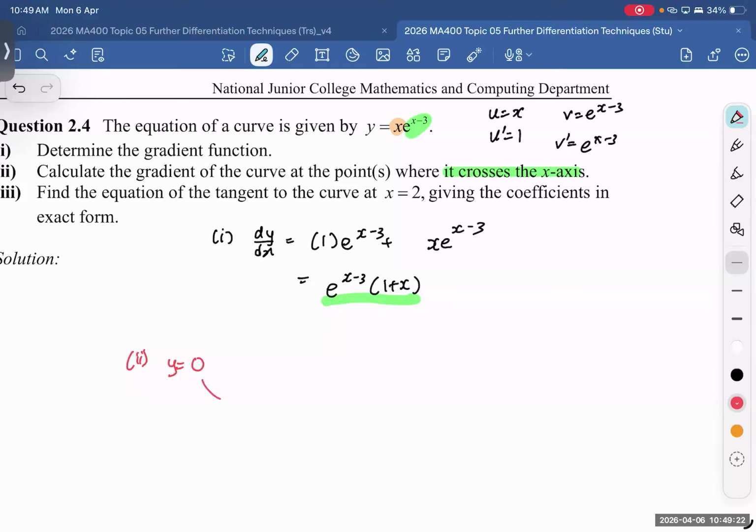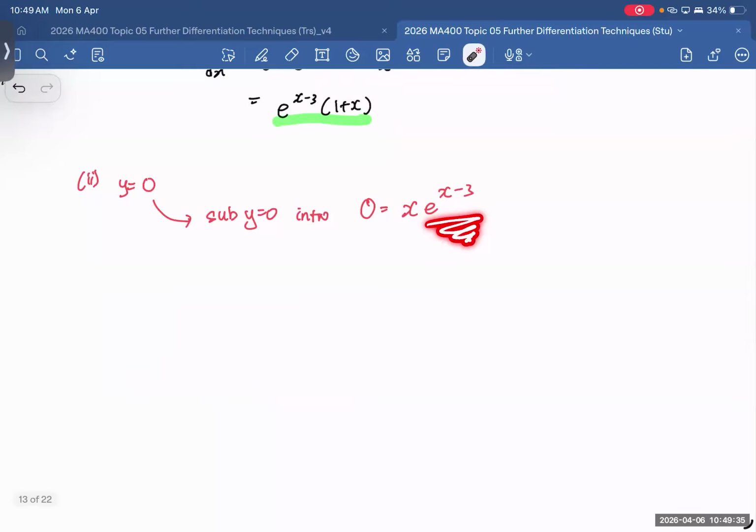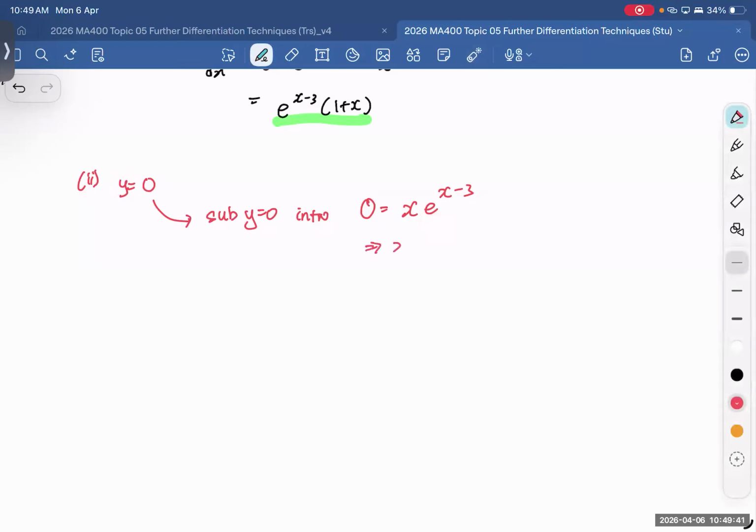Sub y equals 0 into y. So y equals this. How do I solve this equation? Exponential function, can it ever be 0? No, right? So this means that there's only one possibility, which is x equals 0, which is perfect. We are talking about the origin.